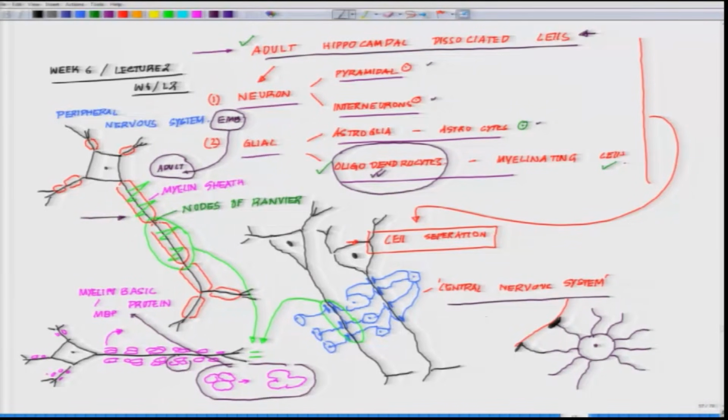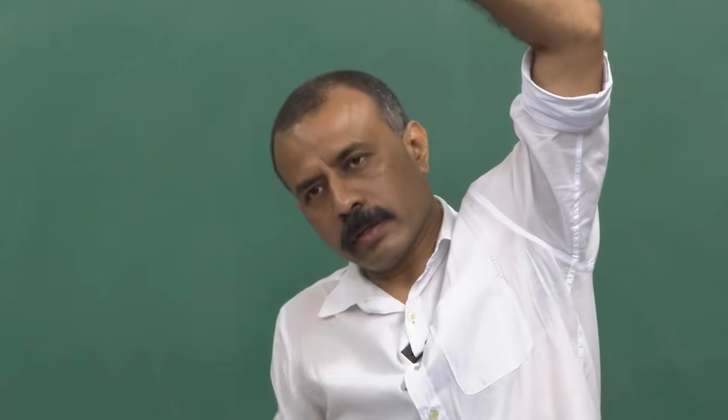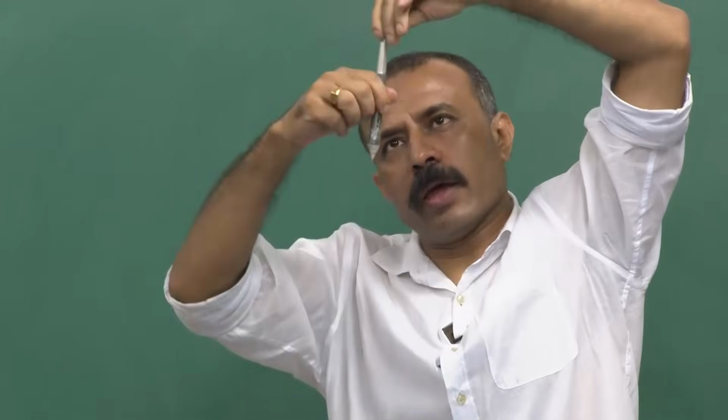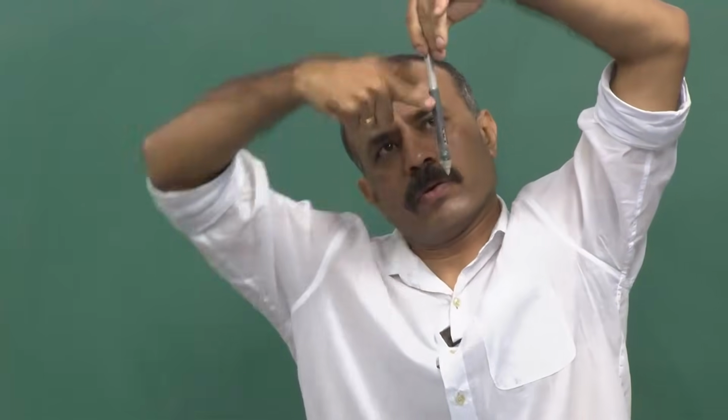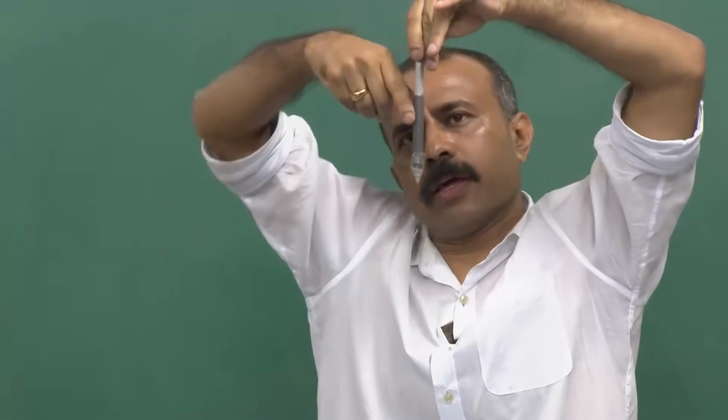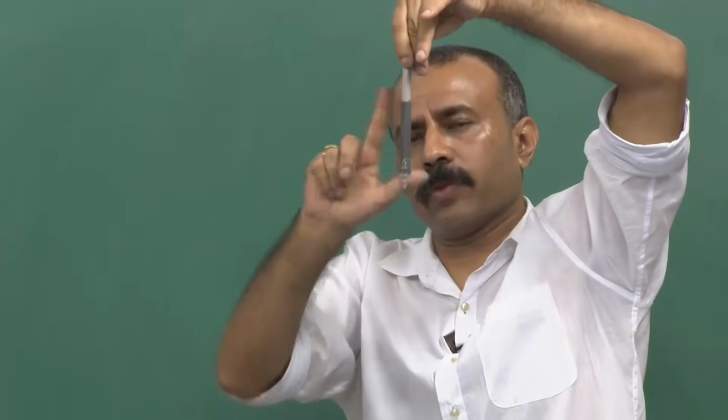So, if there is another oligo coming from the other direction, it will form a sandwich. Just imagine in between there is a process going on, and from here something like this, and from the other direction something like this. Okay.